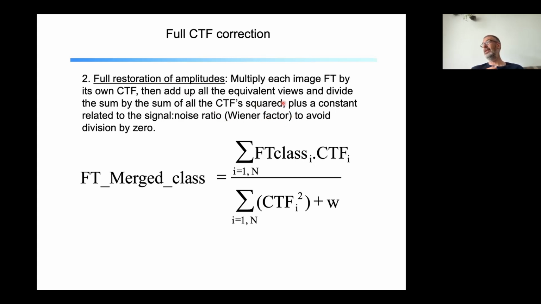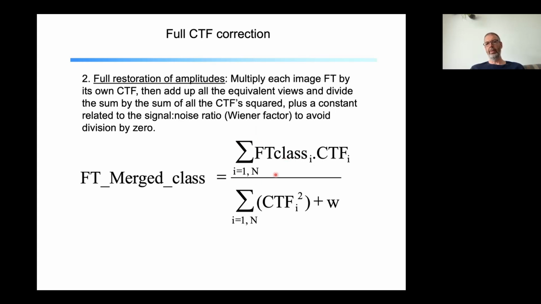This needs to be done with a collection of particles, or even better if you can do this on the 3D, where you have all of your defocuses in there. So you initially multiply them to correct for the contrast reversals, and then the final step of the CTF correction is to divide.